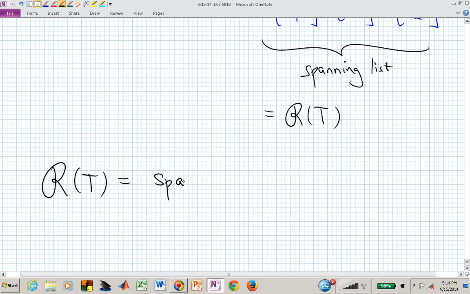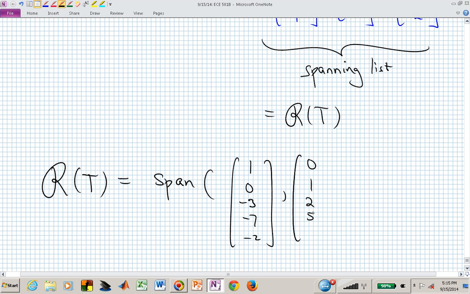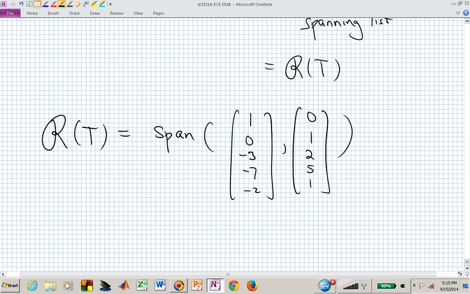You can actually show that those 3 are not linearly independent. They depend on one another, and you can then show that the span of (1, 0, -3, -7, -2) and (0, 1, 2, 5, 1) actually produces the range space also.